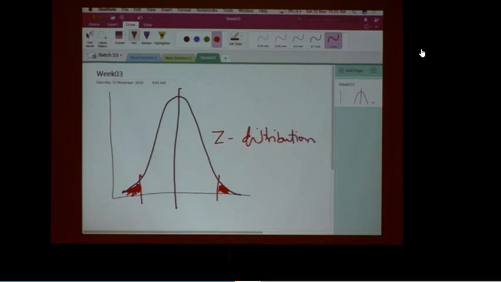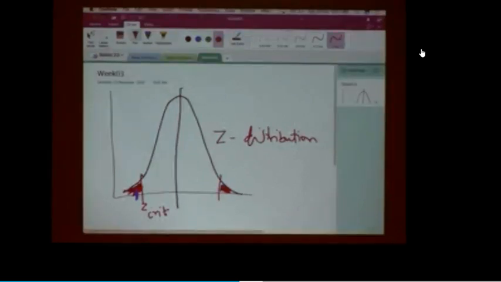So, how do I make decisions in hypothesis testing? I check, is my sample here? If my sample is here, what does this mean? So, this is my Z critical, and this is my Z for the sample.